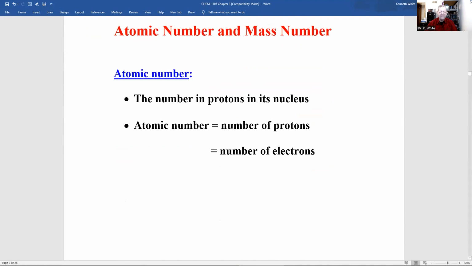Now, there's an important series of information concerning atoms of elements. And the first one is the atomic number.